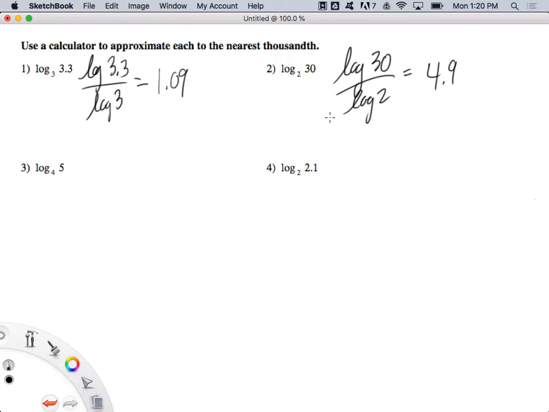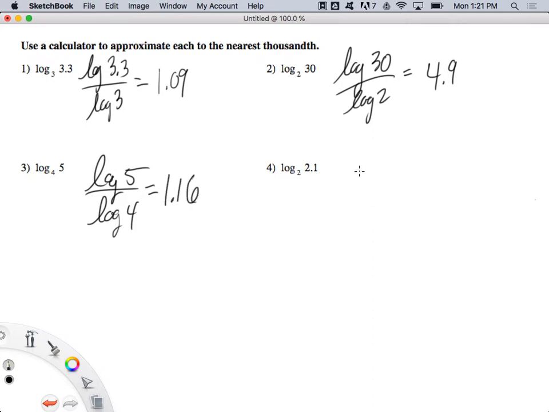So nearest thousand? Yeah. I mean, but it doesn't matter. They're saying the nearest thousand. I don't necessarily care about that. I didn't round to the nearest thousand. Number 3 is log of 5 over log of 4. 1.16. Yep.